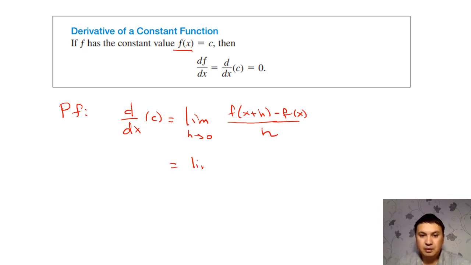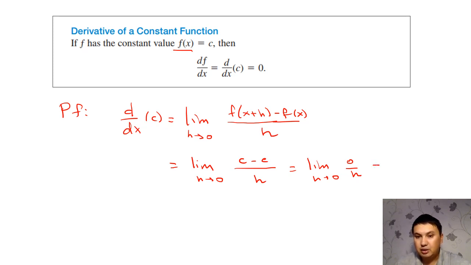What is f? f is just c, it's constant. So at x plus h it's still c, and f of x is also c, divided by h. So this is the limit of 0 divided by h. h is not 0, it's approaching, but it's not 0. So 0 divided by h is 0. That's why this limit is 0. So the derivative of a constant is 0.